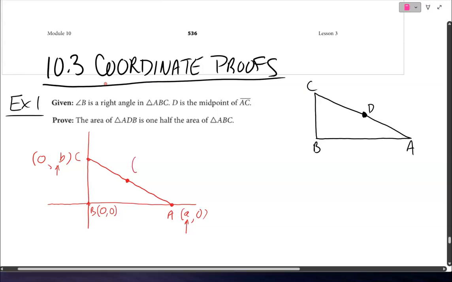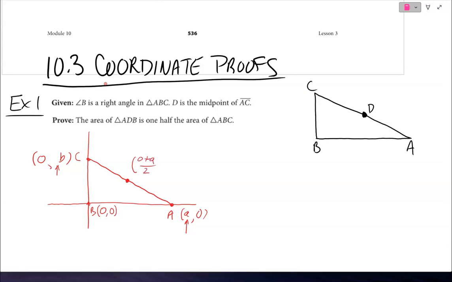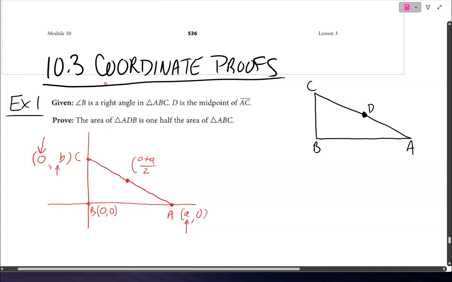In this case, it would be 0 plus a divided by 2. That's the average of this x coordinate and this x coordinate. And then the average of the y coordinates would be b plus 0 divided by 2. If we simplify that, we end up with a over 2, b over 2.